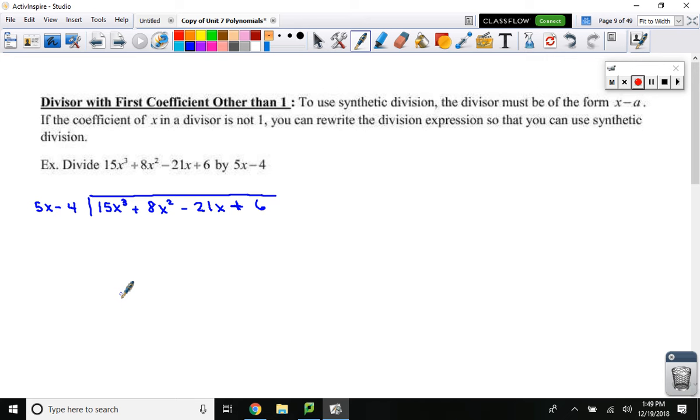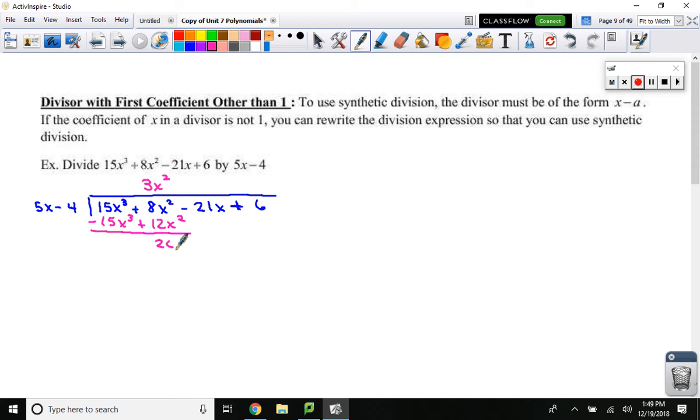Anybody need more time? No. Good. Okay. What do we multiply 5x by to get 5x cubed? 3x squared. So 3x squared would give me 15x cubed minus 12x squared. Change the signs. Those cancel the way I want.